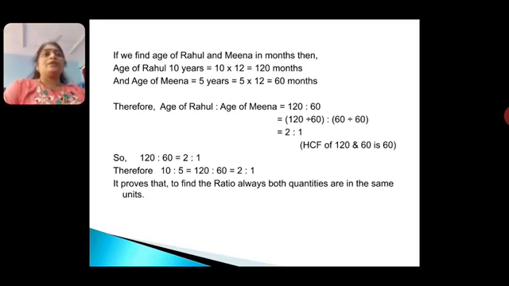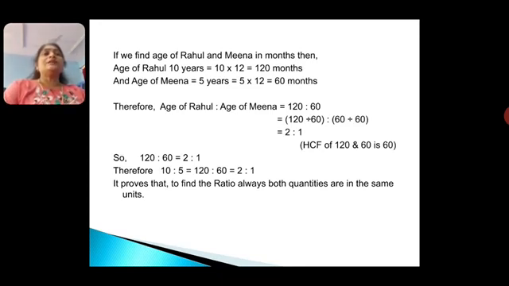Age of Rahul ratio age of Meena equals 120 ratio 60. Therefore, we divide 120 and 60 by 60, because the HCF of 120 and 60 is 60. So, we get the least form of 120 ratio 60 is 2 ratio 1. So, 120 ratio 60 equals 2 ratio 1.